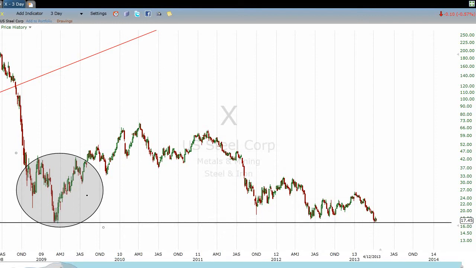This pattern should have produced a move back up over 100 in U.S. Steel, but it simply failed to do so. And that sadly happens from time to time.